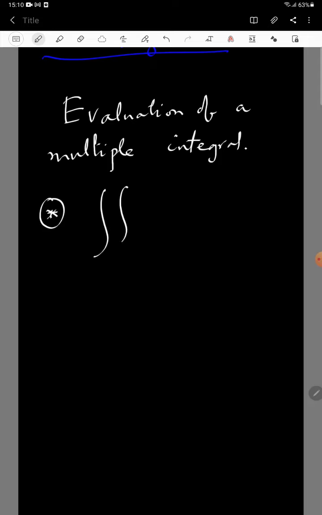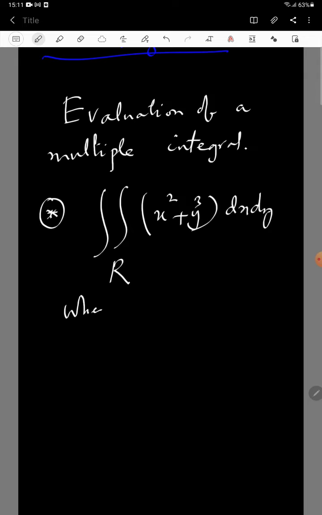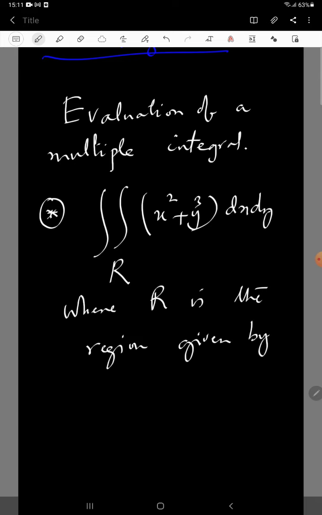Suppose it is given: evaluate the integral over R of (x square plus y cube) dx dy, where R is the region given by x equal to 0, y equal to 0 and x plus y equal to 1.